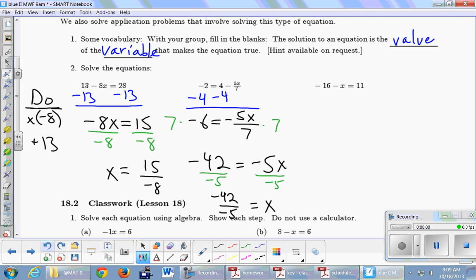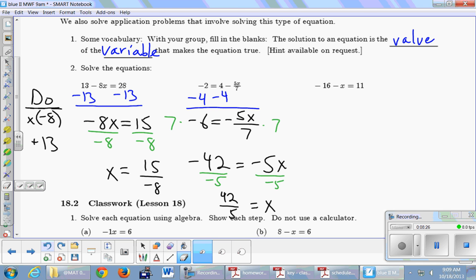So actually, I would probably take a point off if you left it in this form. I'm not saying I want mixed numbers. I'm not saying I want decimals. I want this. But the only other thing is that we want our answers to be simplified. And anytime you see a negative divided by a negative, it's kind of your obligation to cancel them both and make them positives. So 42/5.